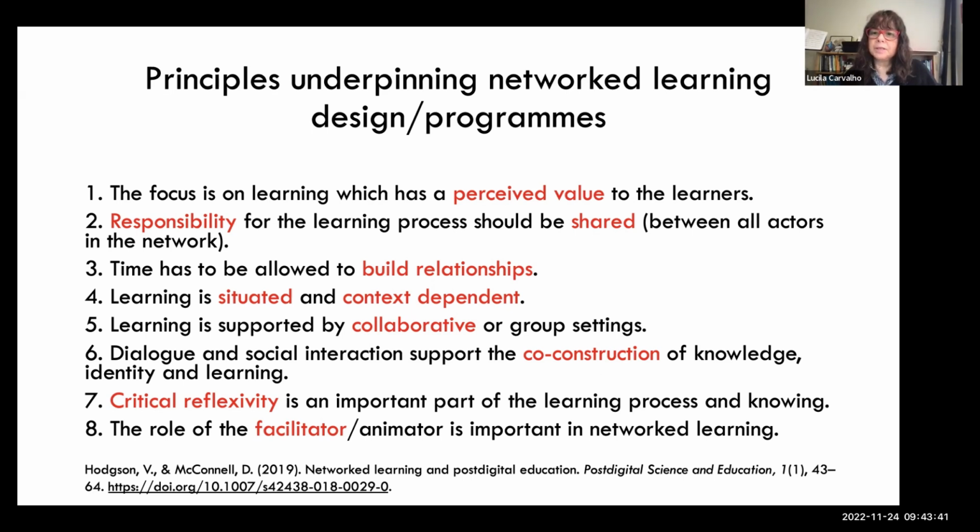There's quite an emphasis on conviviality, on the relationships, and an awareness that you need time to build these relationships. The idea that learning is situated and context dependent, the emphasis on collaboration and group activity, and so through dialogue and social interaction, we are always co-constructing knowledge, identity and learning.